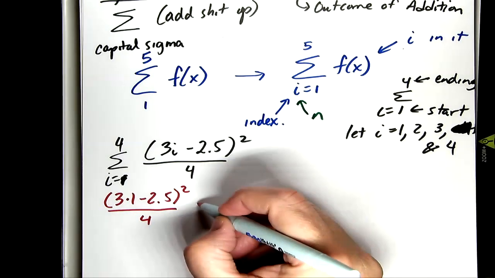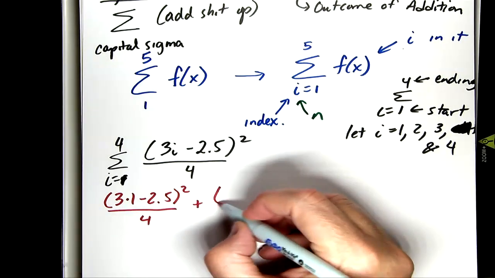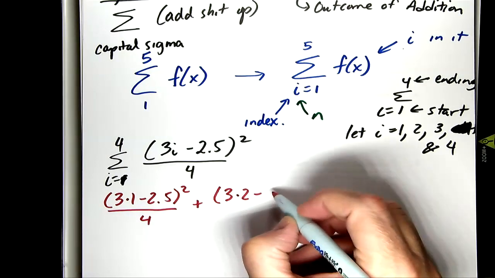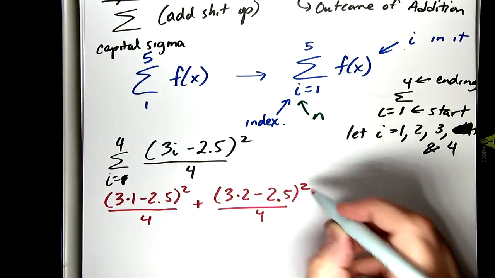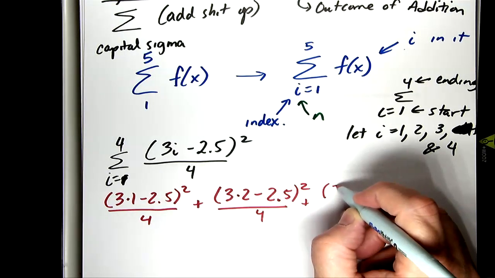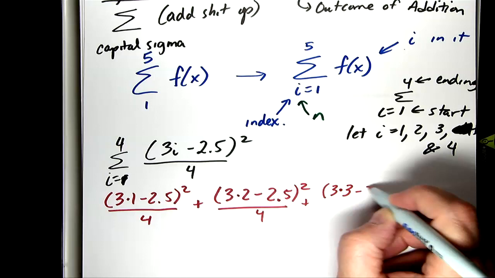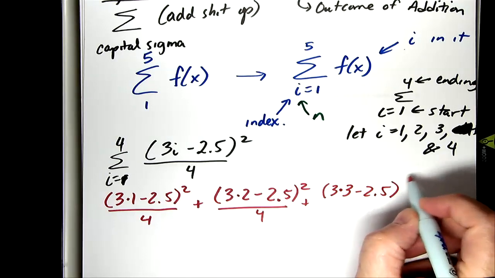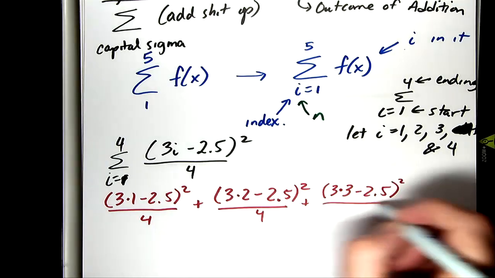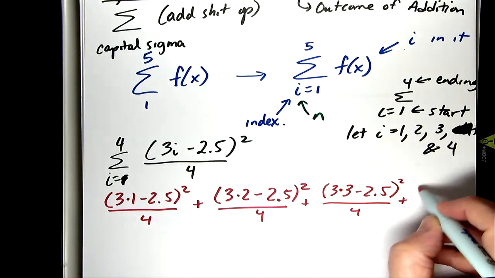And then I'm going to add that to where I plug in 2 for i. And then I'm going to add that where I plug in 3 for i. And then 4.